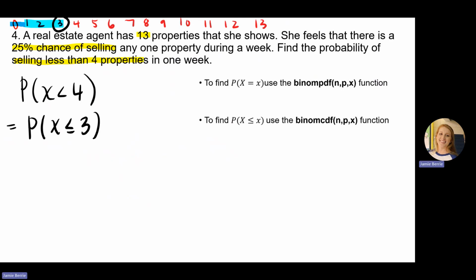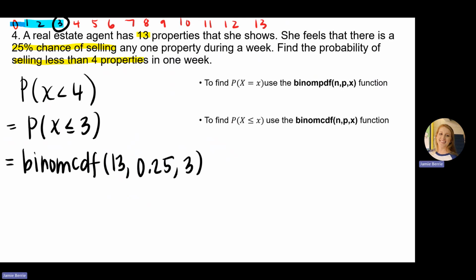We're doing CDF this time because it's a less than or equal to problem. We've got 13 trials, 13 opportunities to sell a house. 25% chance of selling a house, so 0.25 for our probability of success. And the number of successes that we're looking for is 3 or less. The CDF tells it to do this number or less. So let's plug this in.